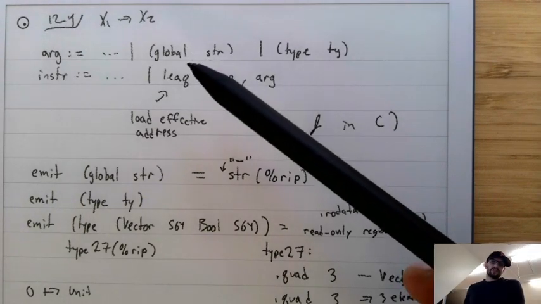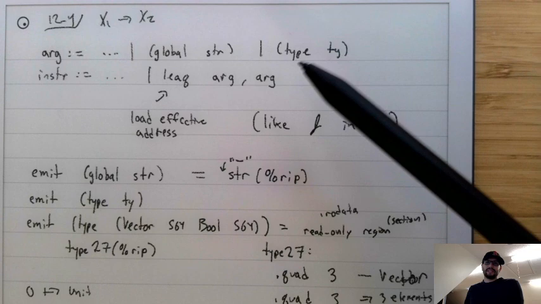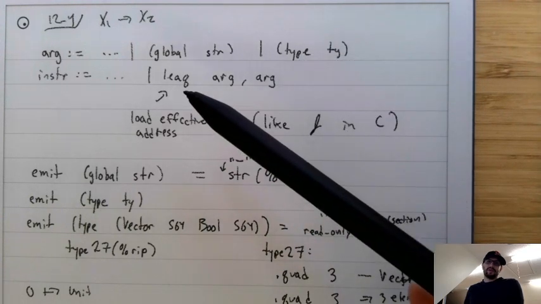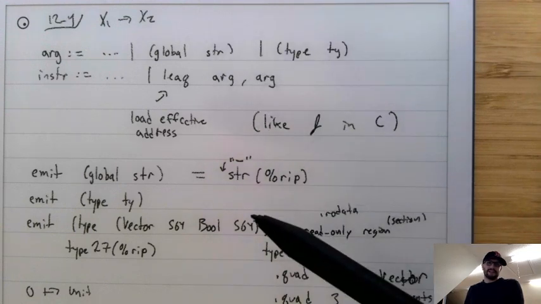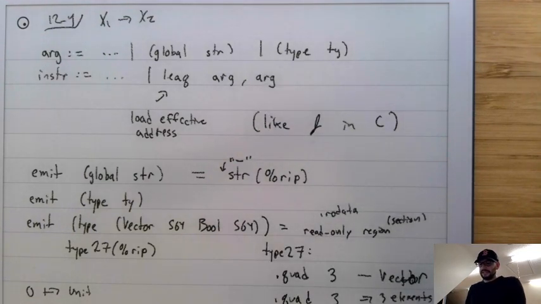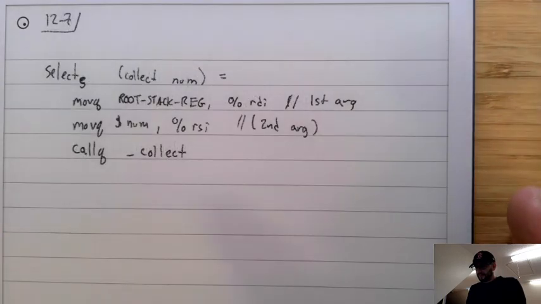So, you'll interpret global, right, by just having these global variables. Type will be really easy. It'll just pull off the type. Load effective address, we know that it will only ever be used on type, so it can just move the type into there. And then you'll have to simulate the function calls for collect.